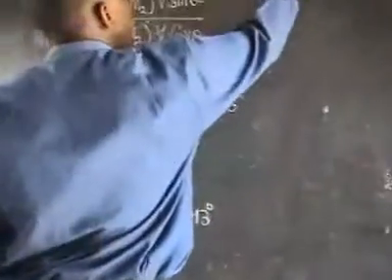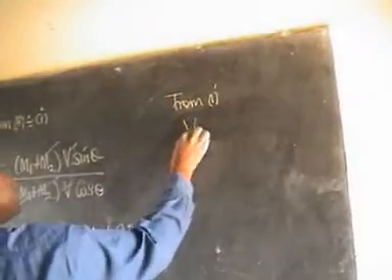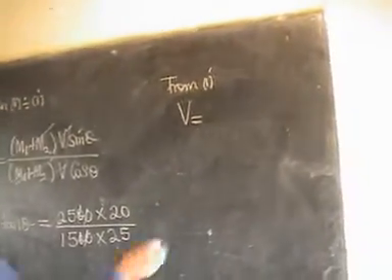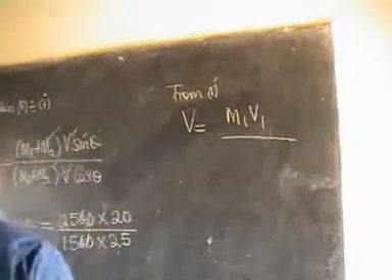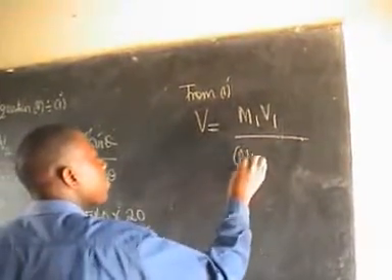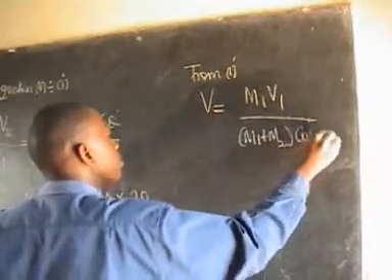In order to get the velocity, you substitute in any of the equations. So from equation 1, the velocity v is equal to m1 v1 divided by m1 plus m2 cos theta.